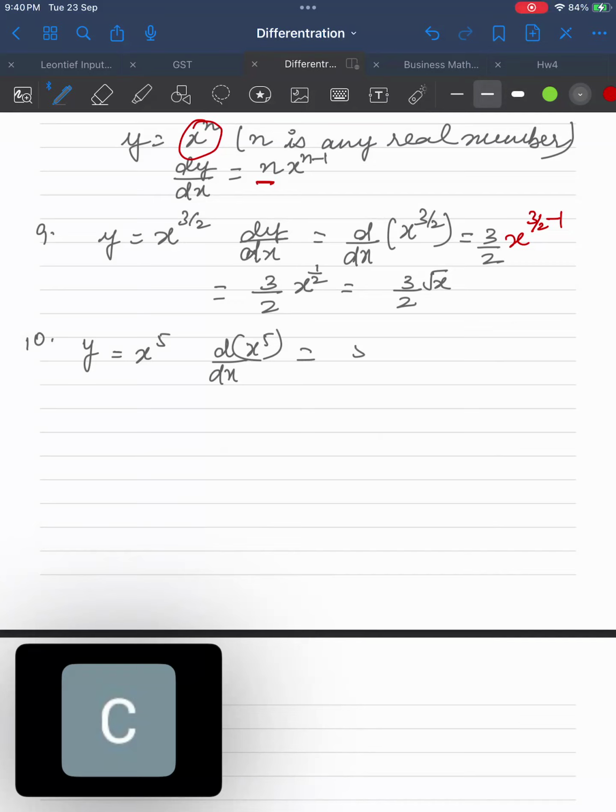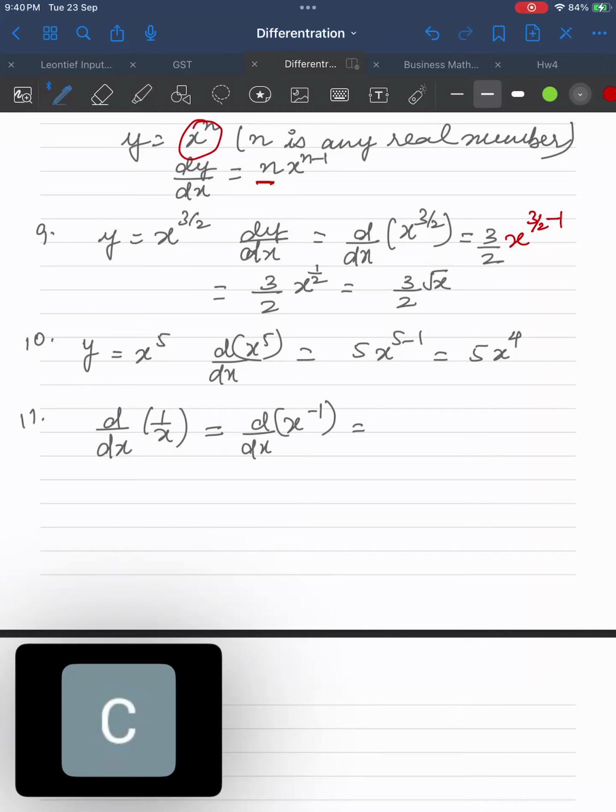It would be 5 x power 5 minus 1 equals 5 x power 4. Okay. Let me take one more easy example, dy by dx of 1 by x. I can write it like this, d by dx of x power minus 1.